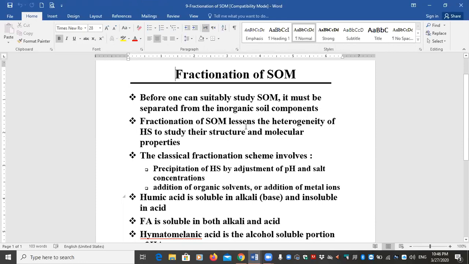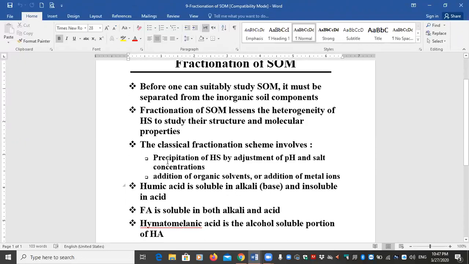Lessens means reduces. From less is an adjective. This is a verb. It lessens, that means it reduces the heterogeneity of the humic substances to study their structure and molecular properties. The classical fractionation scheme involves, scheme means method, procedure. So the classical, which is the mostly used, when we say the classical, that's the one that is mostly used by most laboratories.